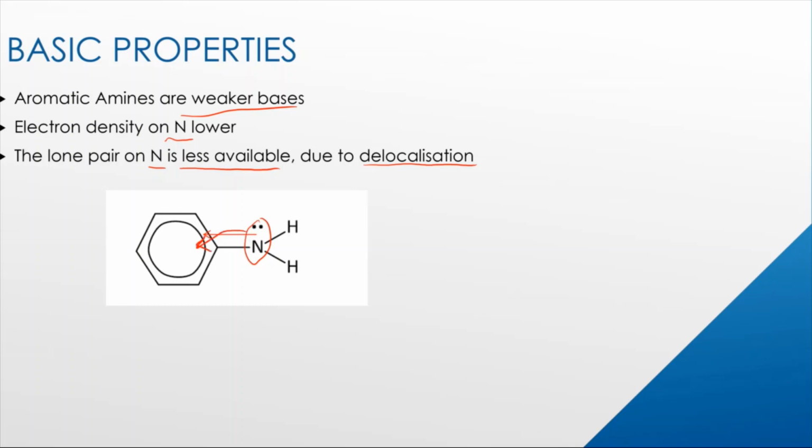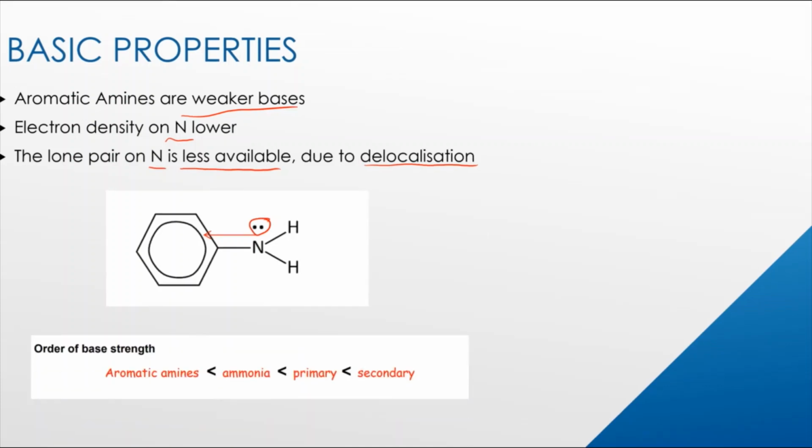So we have delocalized electrons inside that benzene, and the lone pair on the nitrogen becomes just part of that delocalized system. So this just means that that delocalized pair of electrons is less available to attract a H+ ion, and this is why the aromatic amines are weaker bases.